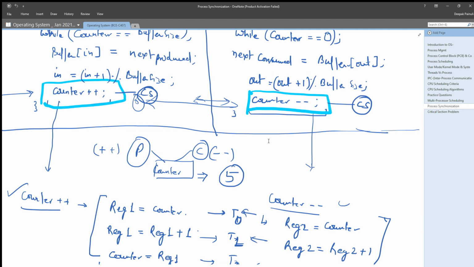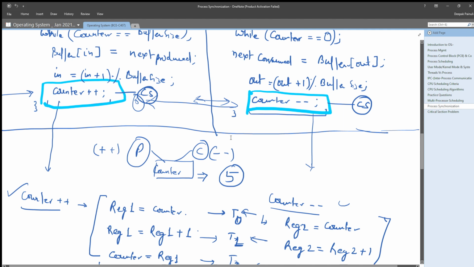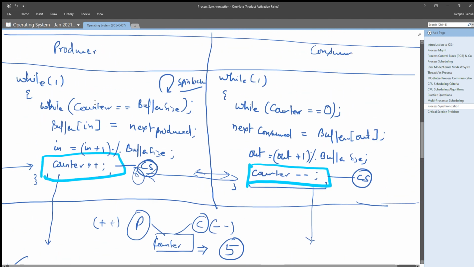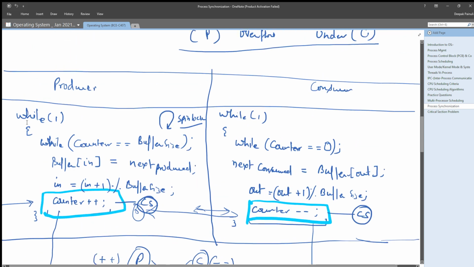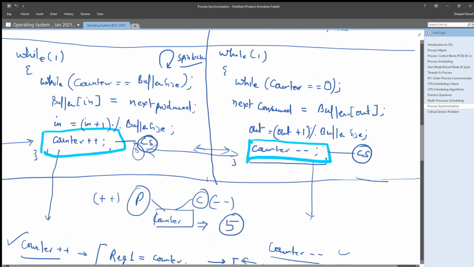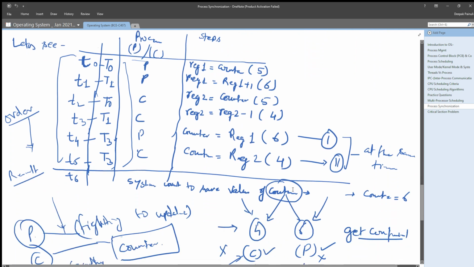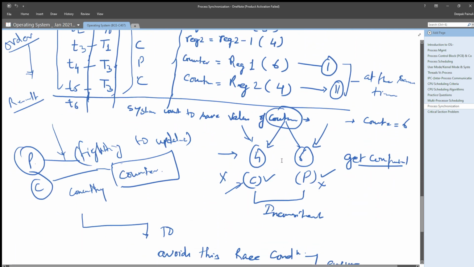That particular line of code is called the critical section of that process. The problem occurs because both are altering the counter at the same time, right? In the end, we found that we are getting two values for the same variable, right? Due to the consumer we are getting 4, and due to the producer process we are getting a value of 6 for the counter.